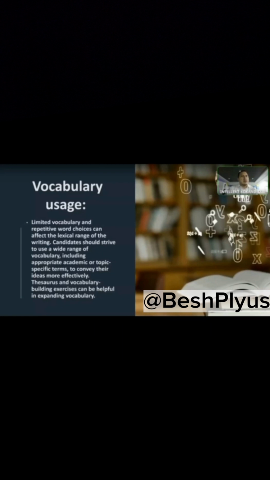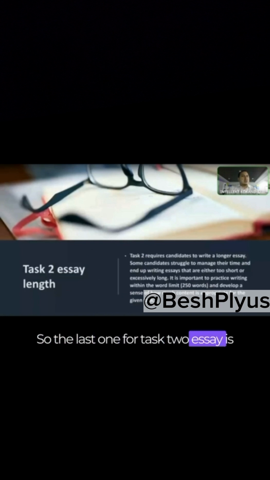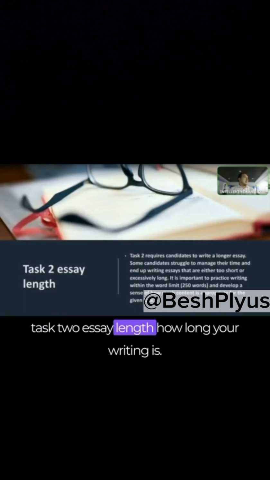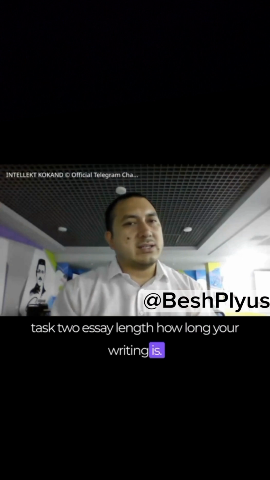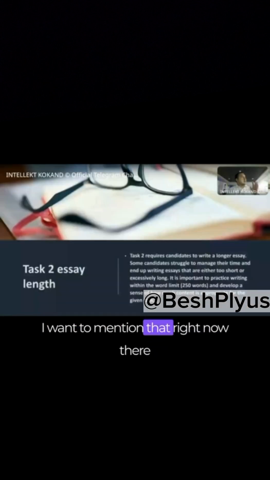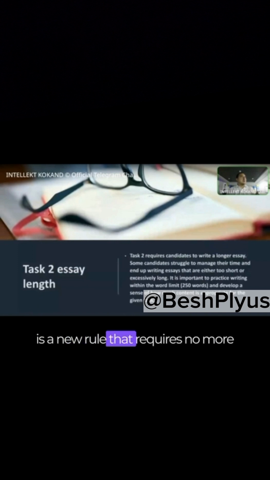The last one for the task 2 essay is essay length, how long your writing is. I want to mention that the rule requiring no fewer than 250 words is no longer in action. So you don't have to write 250 words, but it helps.